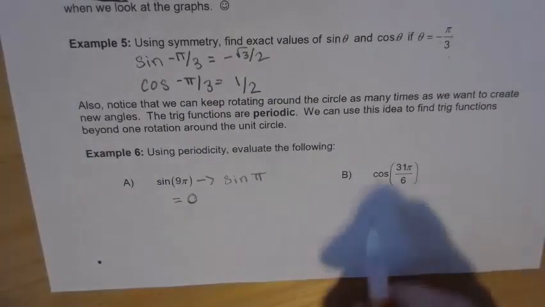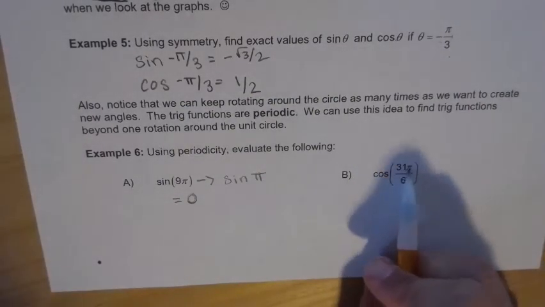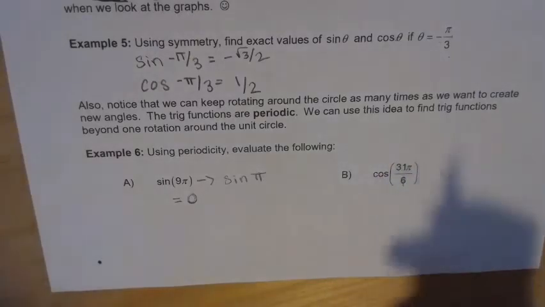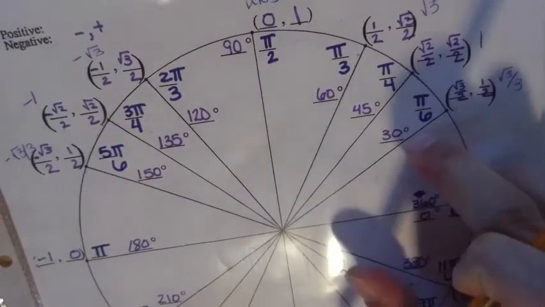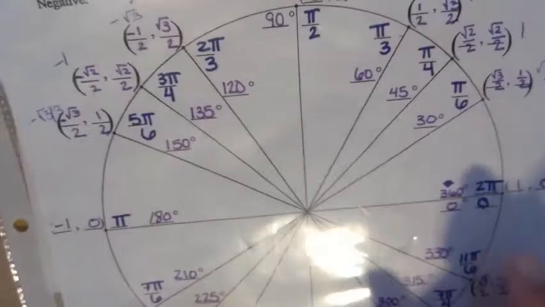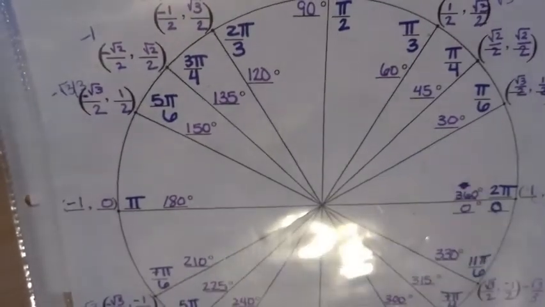Okay. Now, cosine 31 pi over 6. Over 6 means that we're going every 30 degrees. Again, I'm going to do this the long way.